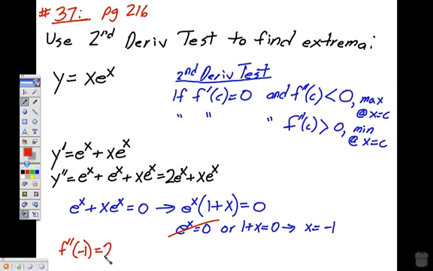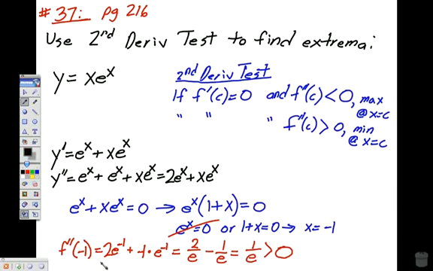So that's going to be 2e to the negative 1 plus negative 1 times e to the negative 1, which, let's get rid of those negative exponents, they're hard to think about, is 2 over e, then plus a negative 1, so that's minus 1 over e, which is just 1 over e. E is a positive number, so 1 over e is a positive number, and that gives us our answer.